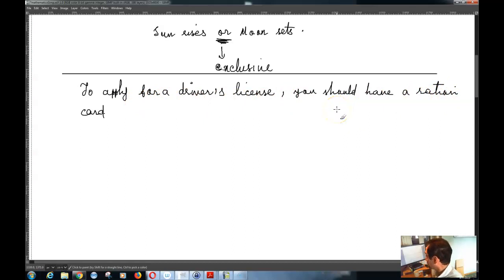So it says that to apply for a driving license, you should have a ration card or a passport. Of course, that's not true. Meaning the passport part is factually not true in India, most probably. Meaning most people don't even have passports.